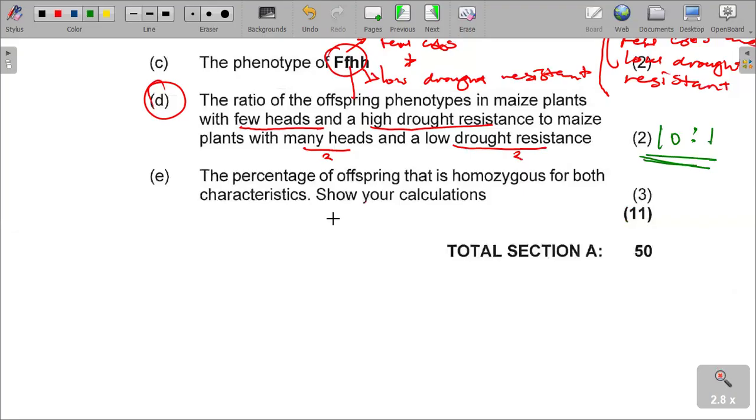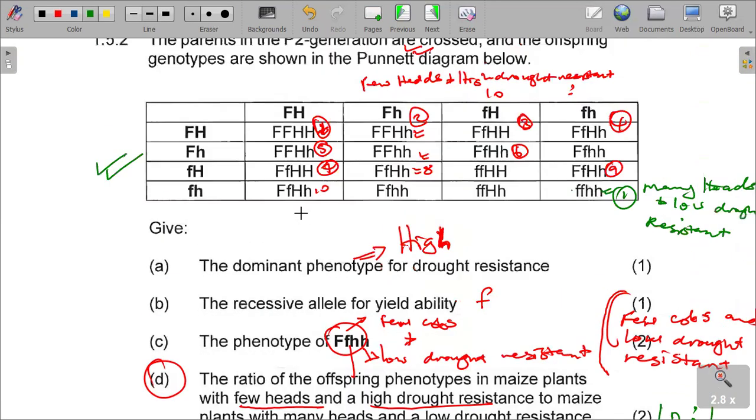The percentage of offspring that is homozygous for both characteristics. Show your working. How many of them are homozygous? We have to check how many of them are homozygous for both characteristics. I can say homozygous, we have got one. Homozygous for both characteristics, we have got one.